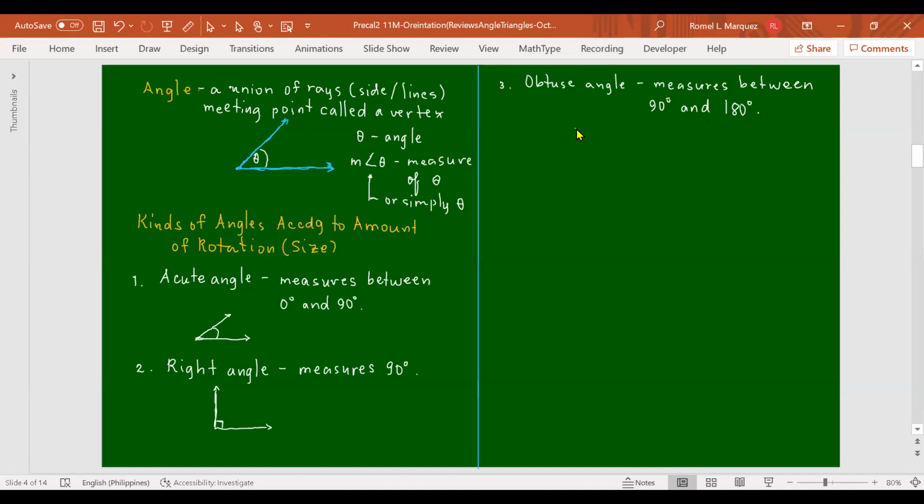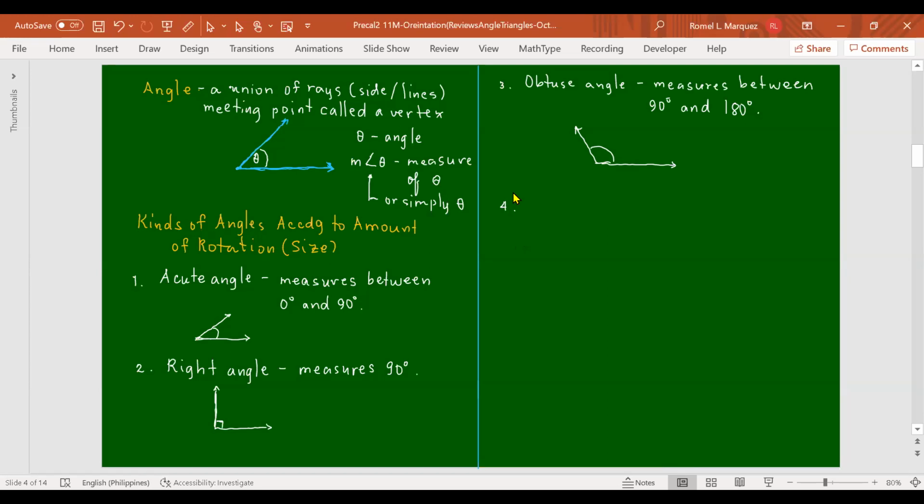So, this is an example of an obtuse angle. So, we measure it here. Okay? There are other angles. Let's say one of the sides remains on the other side, meaning it does not move.